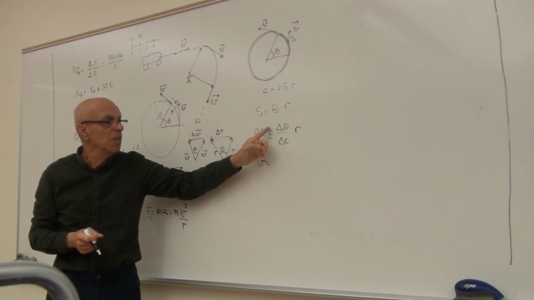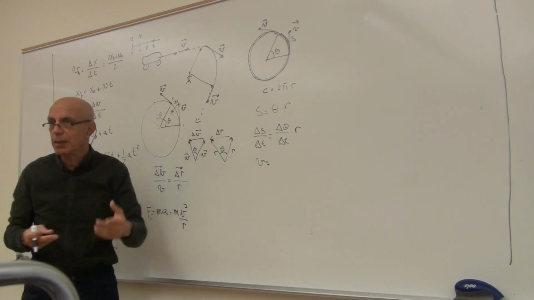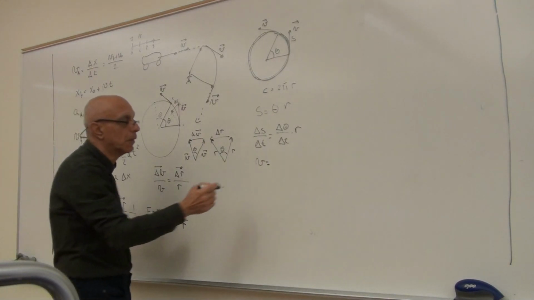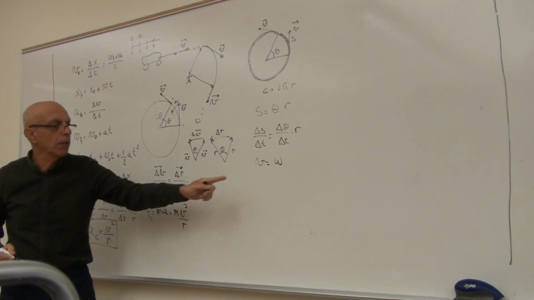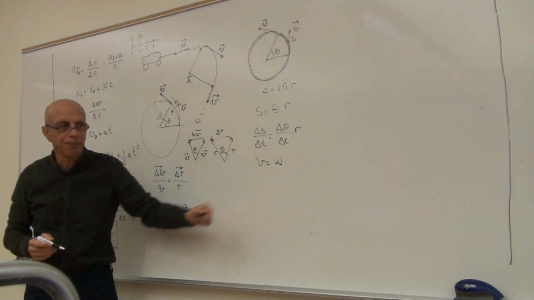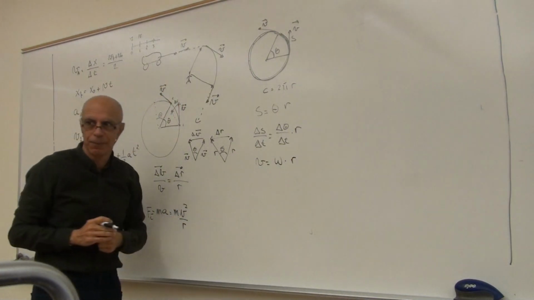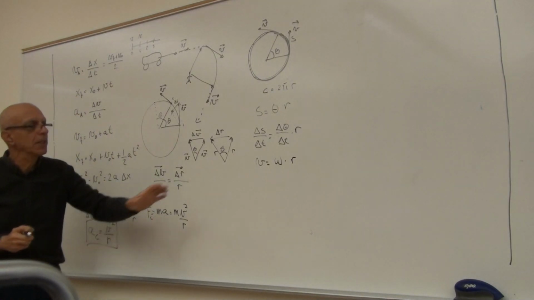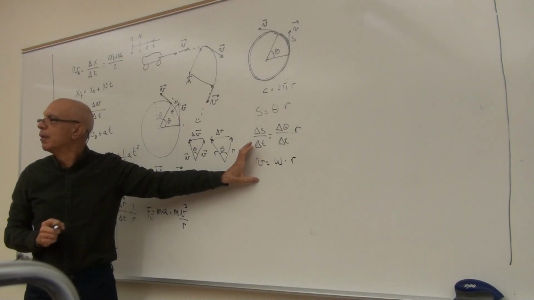The rate of change of the angle with respect to delta t, that is what we call the angular velocity, right? We call that omega. And that times r. Is that okay? Do you guys see where this formula is coming from?